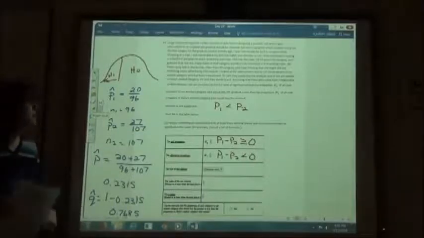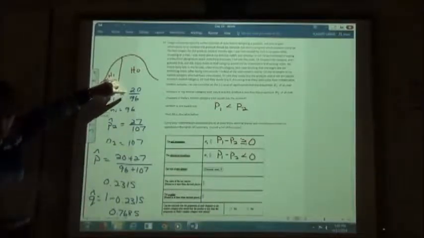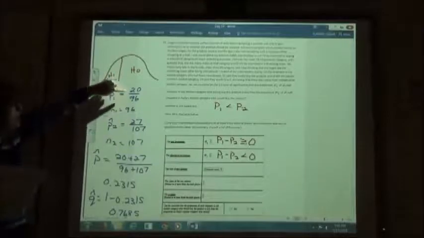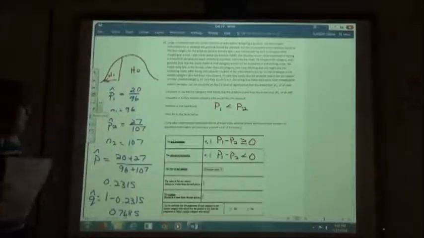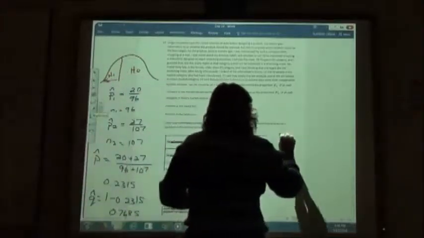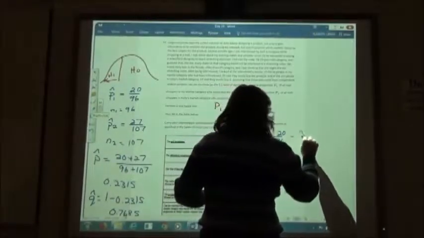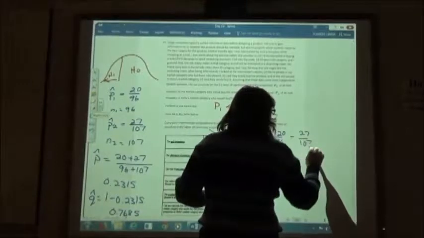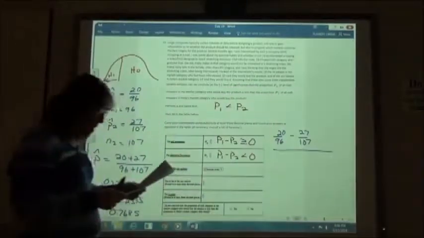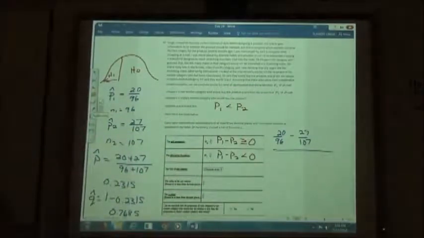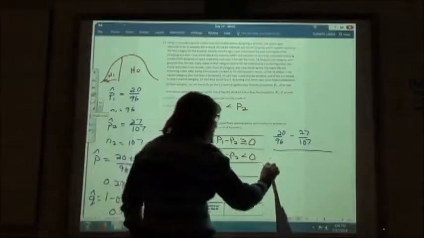Now that we have all those numbers, we can plug them into our formula to get our test value. So in the numerator of our test value, we are going to subtract our p1 and our p2, right? So 20 over 96 minus 27 over 107. On the bottom of that fraction, that's where I have that big long square root.